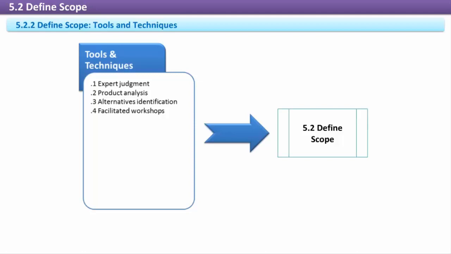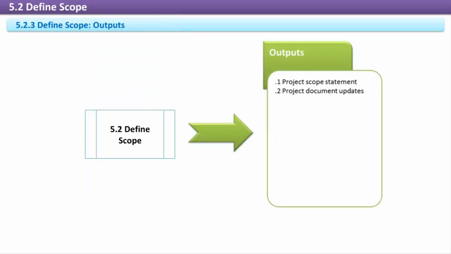Facilitated workshops are interactive discussions with participants usually conducted informally to encourage an open dialogue. Facilitated workshops are central to many different methodologies, and include quality function deployment, voice of the customer, and joint application development. Define scope. Outputs. Project scope statement.